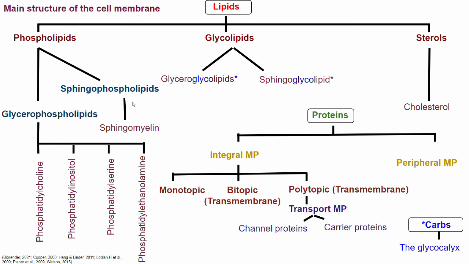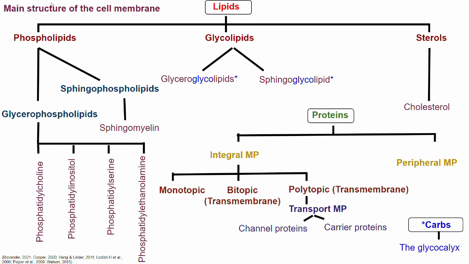For sphingophospholipids, the most common example is sphingomyelin, which is very important within the nervous system because it surrounds some of the neurons that have myelin sheath, hence the name sphingomyelin.